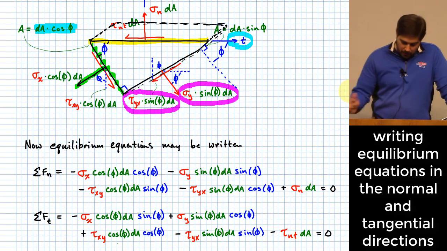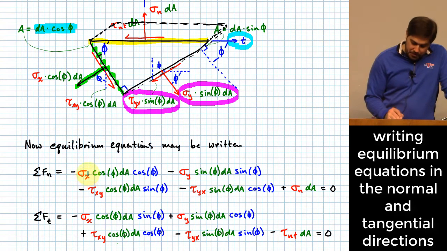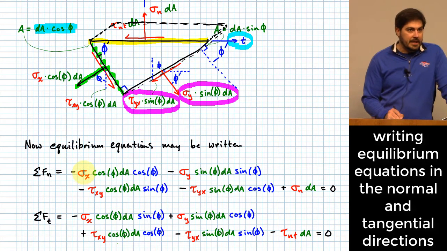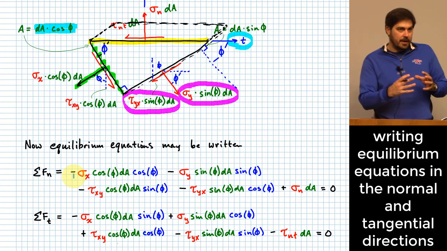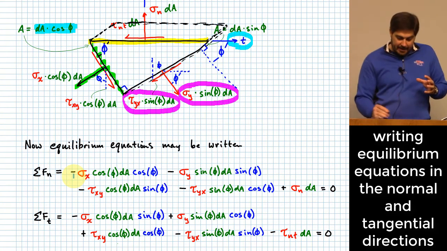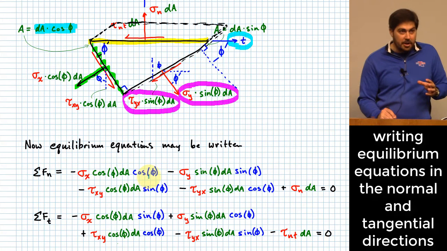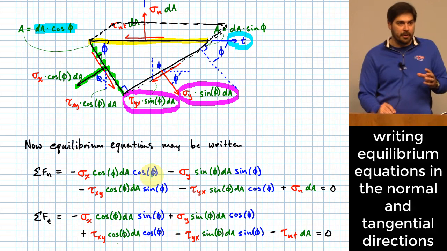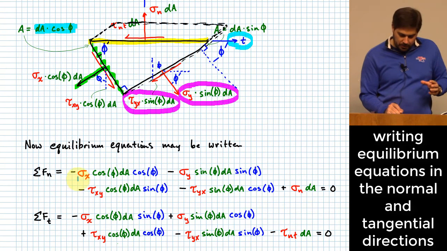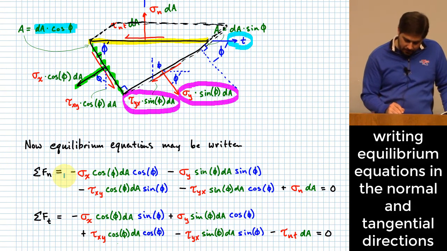I've got the original stress that's in red. It gets multiplied by the cosine of phi times dA. That much turns it into a force rather than a stress. Then I have to multiply by another trig function to pick off the component that acts in the normal direction. So let's look at this very first term right here.